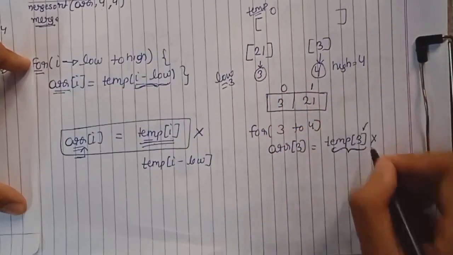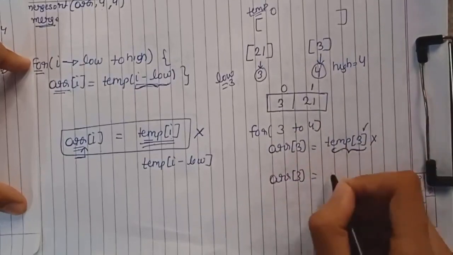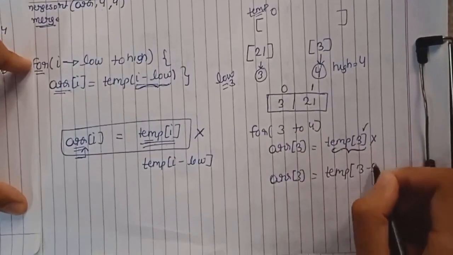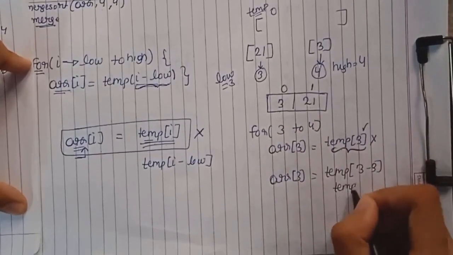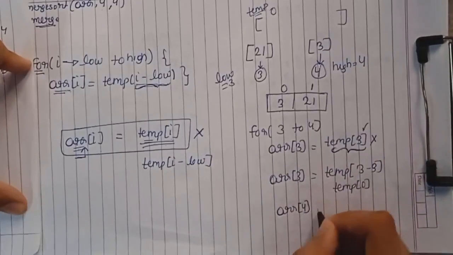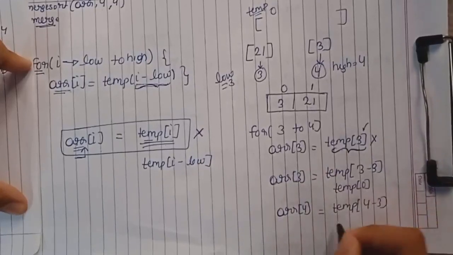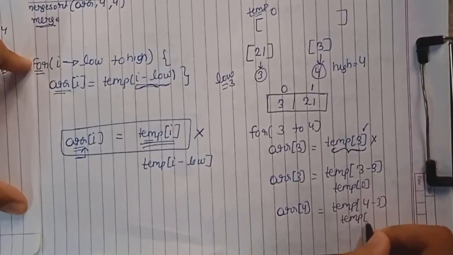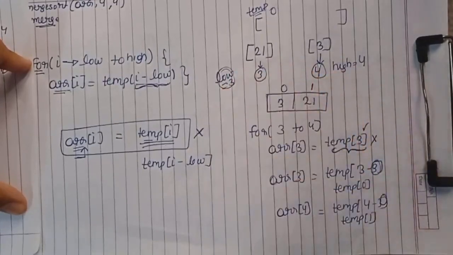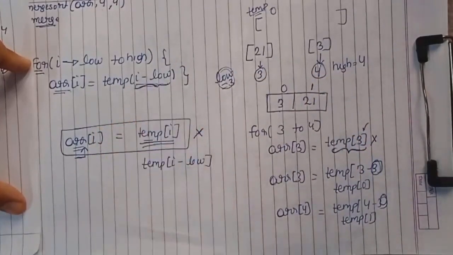So you can't do this. Actually you need to do ARR 3 is equal to temp 3 minus 3, which is temp 0. You need to do ARR 4 is equal to temp 4 minus 3, which is temp 1. So here you must note that this 3 is low. Therefore in place of temp I we need to do temp I minus low.